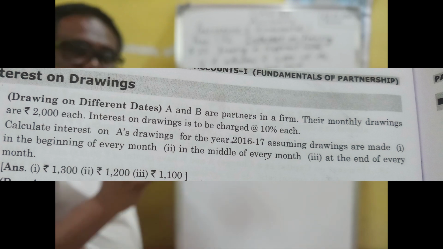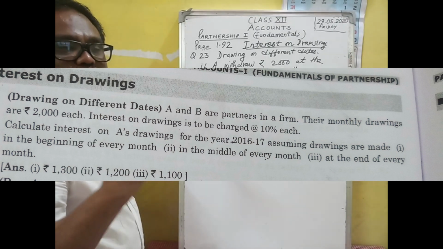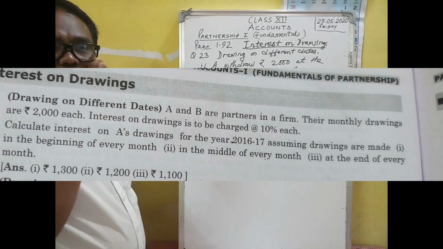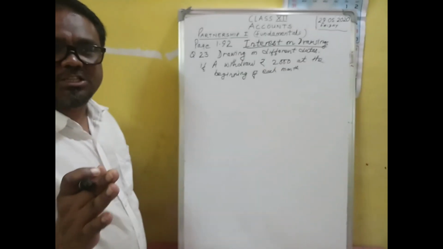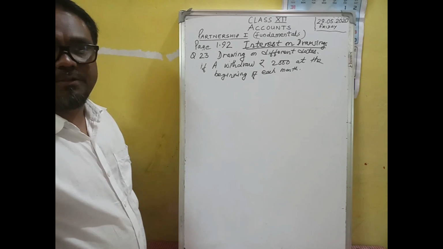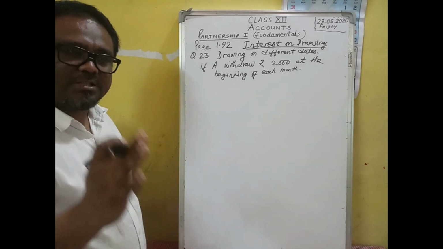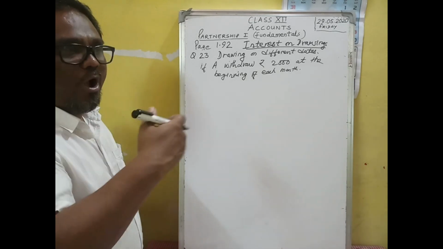So here the starting period is 1st April 2016-17. Beginning of every month: 1st April, 1st month; 1st May, 2nd month; June 1st, 3rd month; July 1st, 4th month; like this up to 12 months.